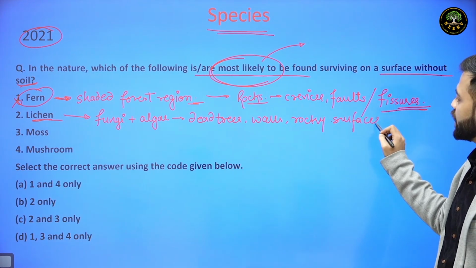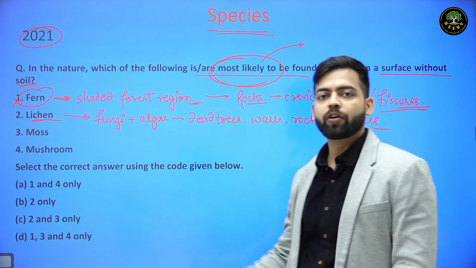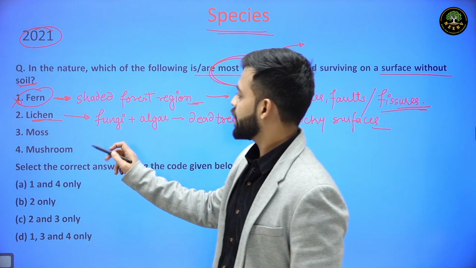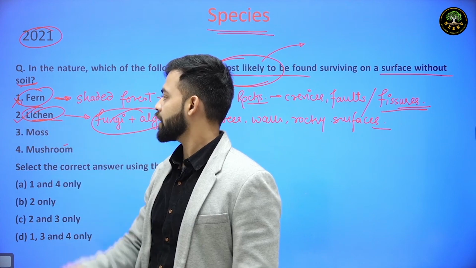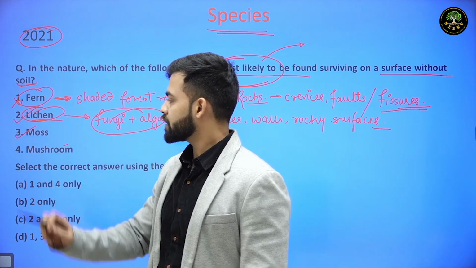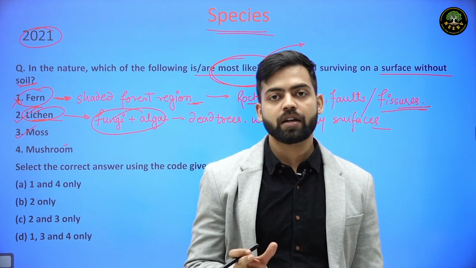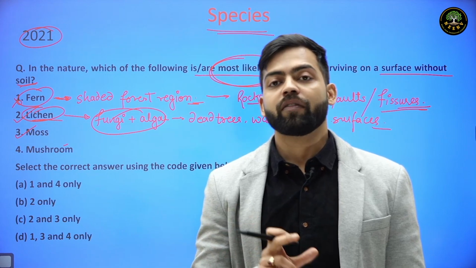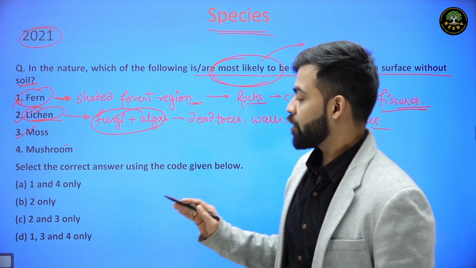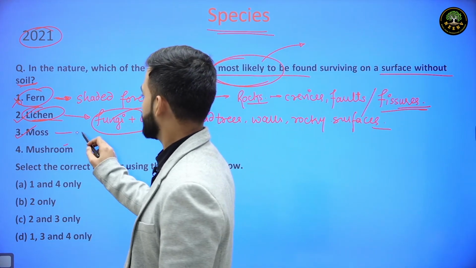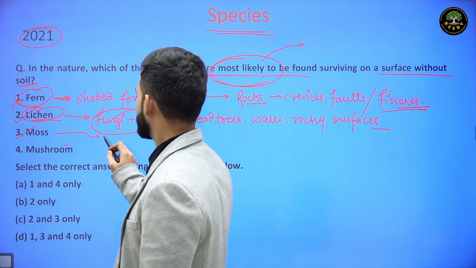So they basically do not need soil for their growth. There is symbiotic relationship between fungi and algae, and there we can find lichens. So this is correct. As far as moss is concerned, mosses are basically small flowering plants that grow in rocky surface. So this is also correct. They also do not require soil for their growth.